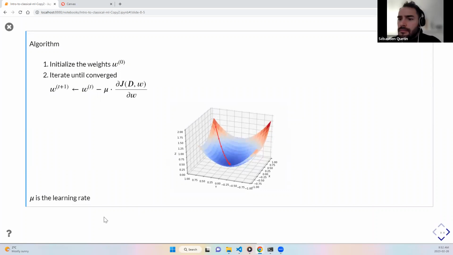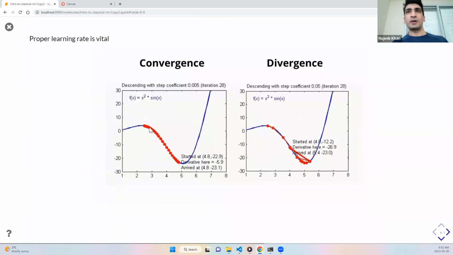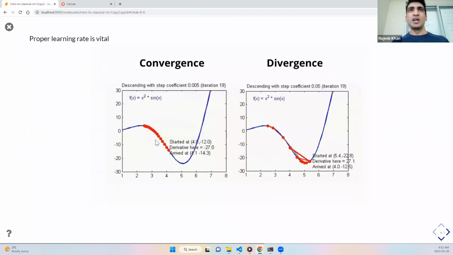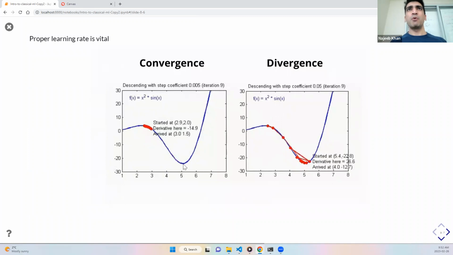Yeah. So that's really important, to set the learning rate to a reasonable value. And why is that? So here is an example. If you have a small or a reasonable learning rate, you would take steps, and you will eventually reach the minimum point and then converge there.